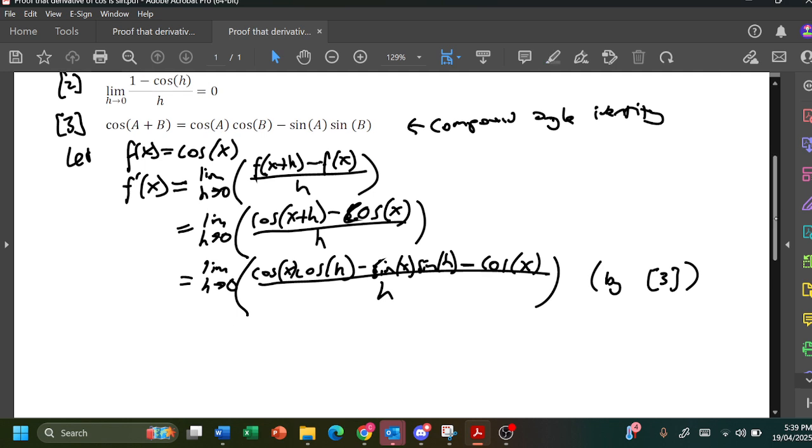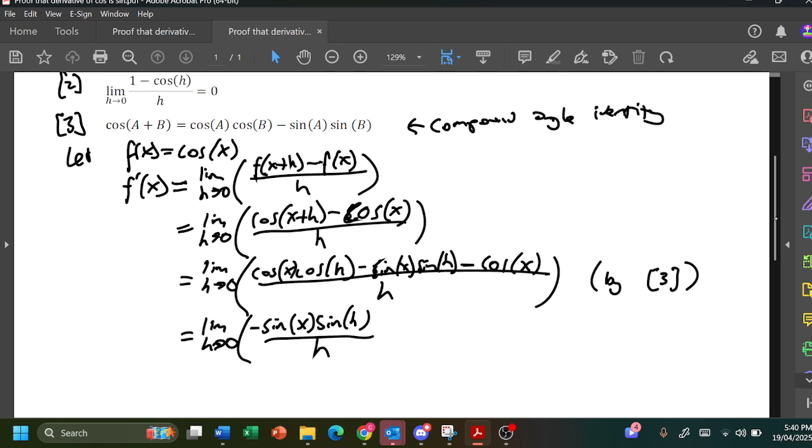Okay, now we're going to look at that larger fraction, and just like last time, we're going to split it into a couple of smaller fractions. So the way that we're going to do that is we're going to first reorder this sum. So we're going to change the order so that it is, let's write it as negative of sine x times sine h divided by h.